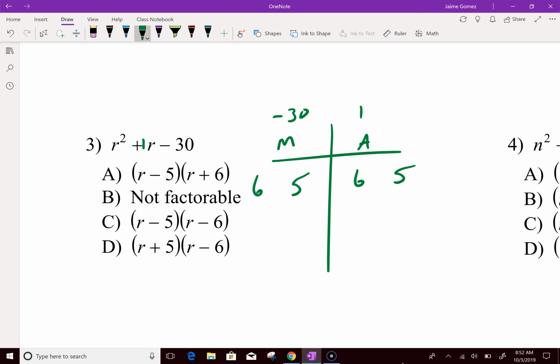I need a positive 1, so it would probably be 6 minus 5. 6 minus 5 is 1, yeah. So then a positive 6 times a negative 5. So positive 6 and negative 5. Number 3 on the test is n squared plus 2n minus 80.